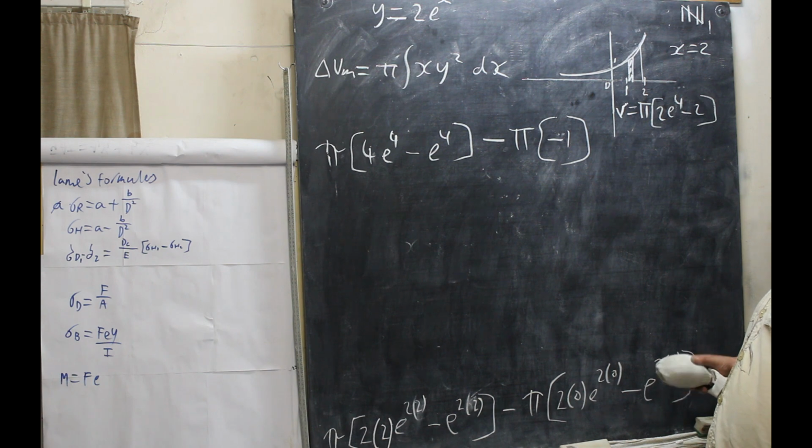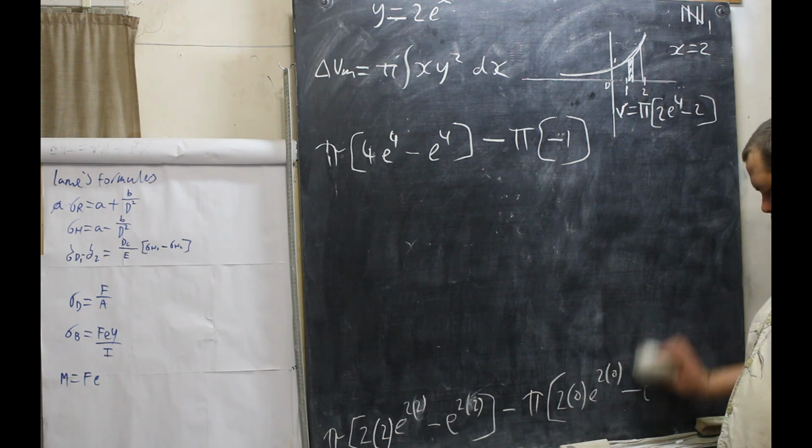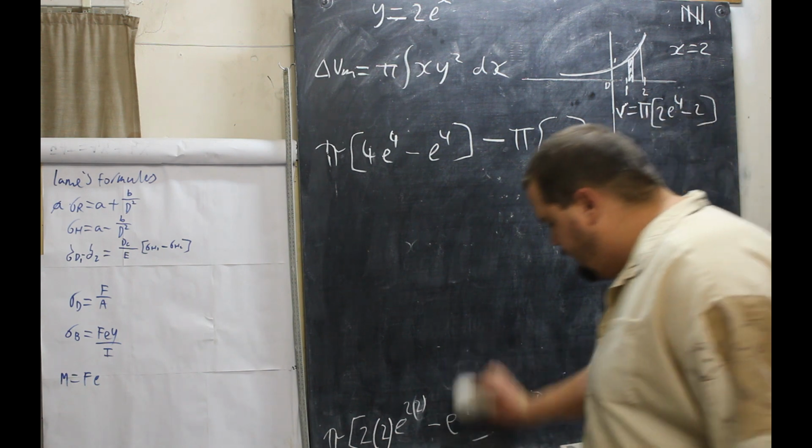Pi times minus 1. And that is what we are left with.